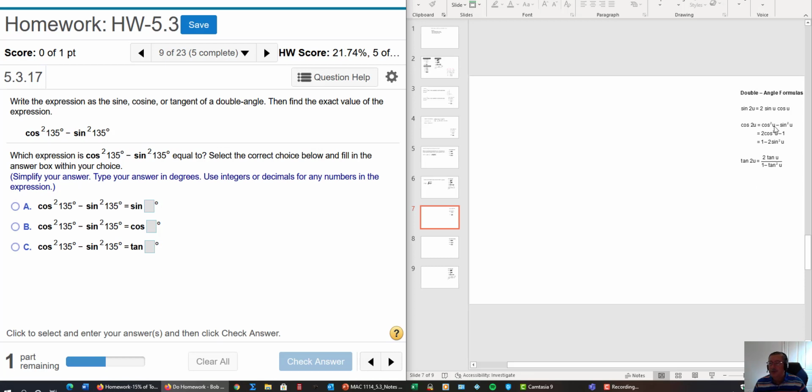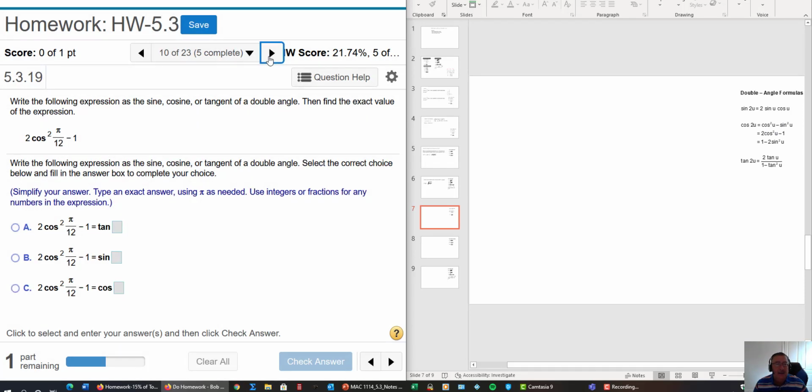Now, also, this one's going to be similar. They're giving you the right side. If you double u here, the 135, I'll let you practice those. Oh, they threw pi over 12 in there. So this one would be the middle formula here. You double u, and double pi over 12 would be pi over 6 here. So I would say 2 times the cosine squared of pi over 12 minus 1 would equal the cosine of pi over 6.